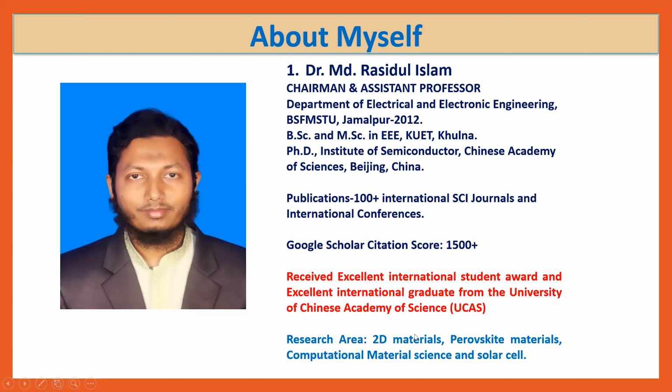My research areas are two-dimensional materials, perovskite materials, computational material science, and solar cells. Basically, I am working in material science and semiconductor materials. If anyone is interested in my field, you can work with me. Okay.